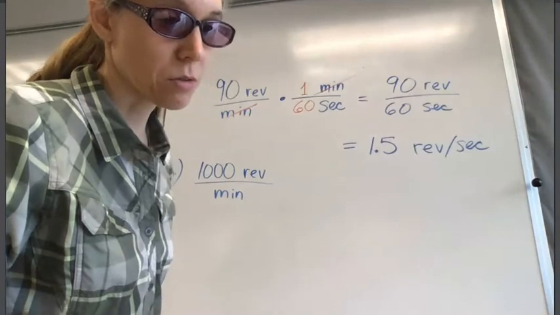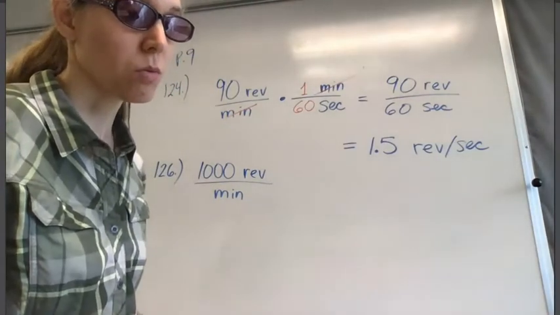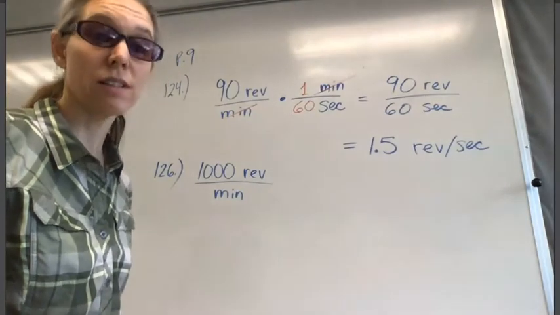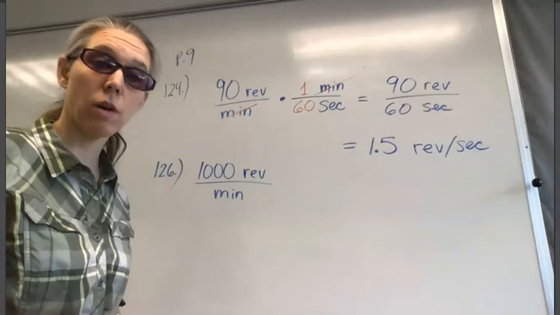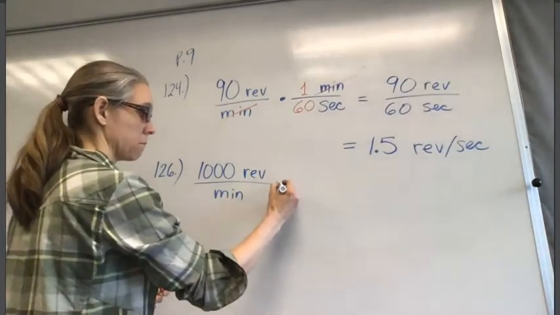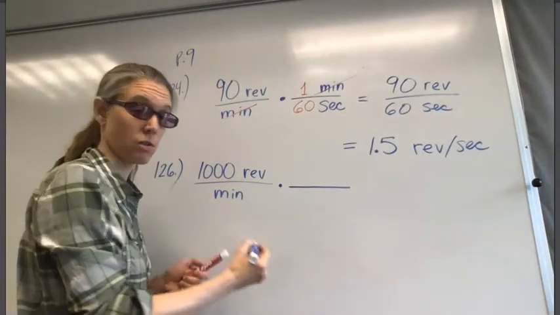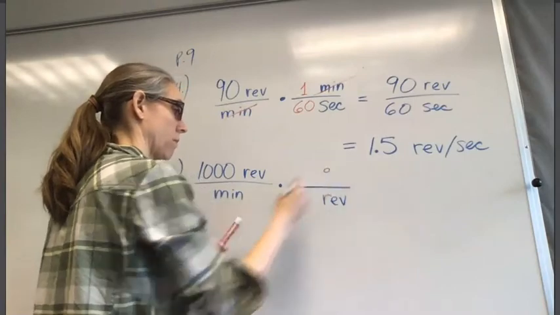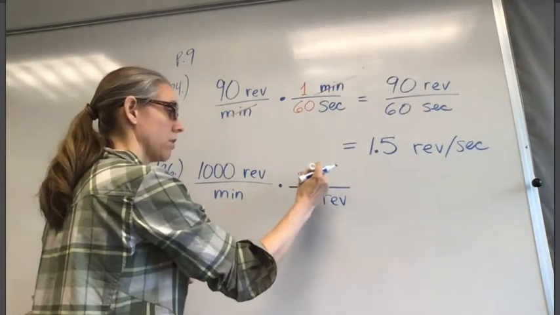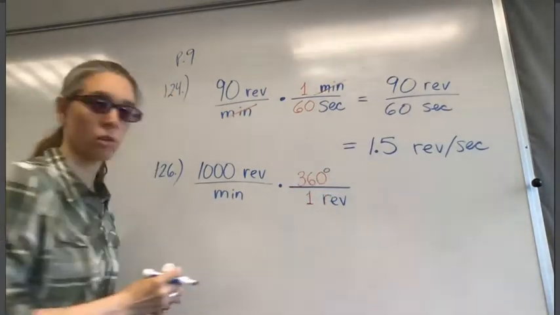Find the number of degrees that a point on the edge of the propeller will rotate in 2 seconds. How many degrees are in 1 revolution? We need to convert revolutions to degrees. There are 360 degrees in 1 revolution.